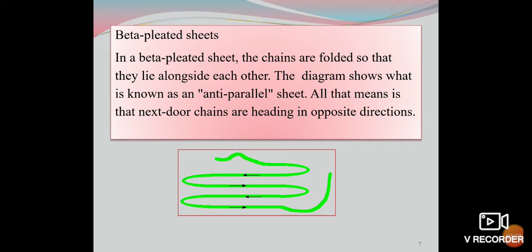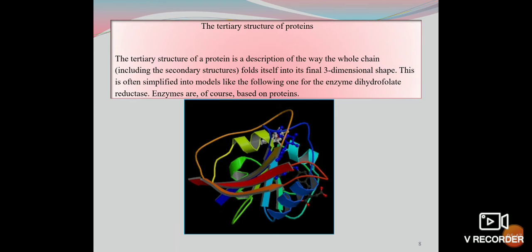So here we see from the arrows that one is towards the left, and after a U-turn it takes towards the right end. Again it turns towards left and right. So the sheets formed are anti-parallel sheets. They are not parallel, they are anti-parallel.